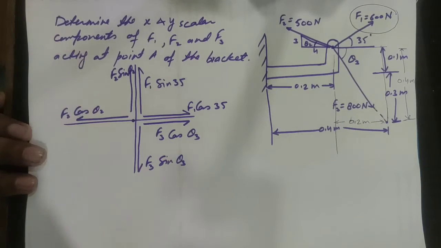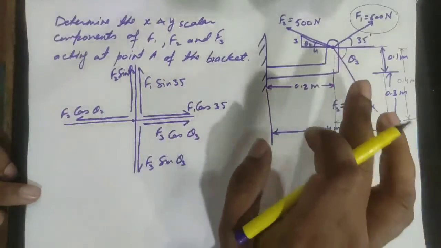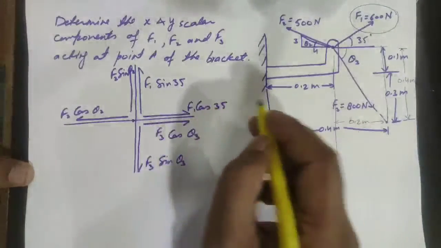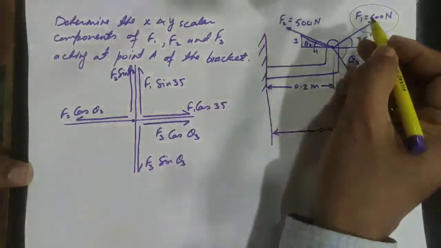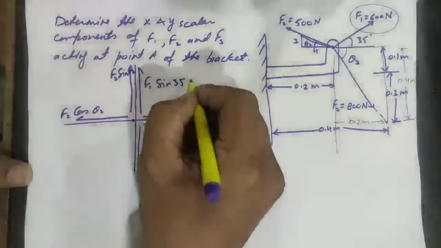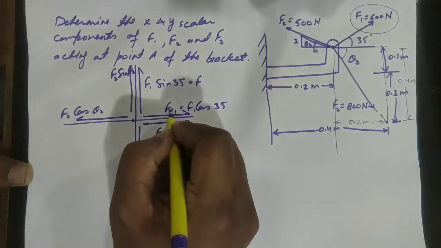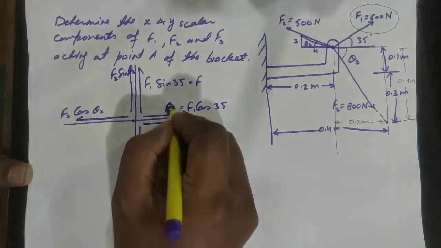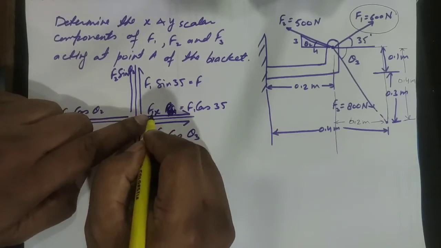And for the values of theta 2 and theta 3, we have to calculate from here. So first of all, we need to take the value of f1 cos theta 1. We can write this as f1x, meaning the x component of force 1.